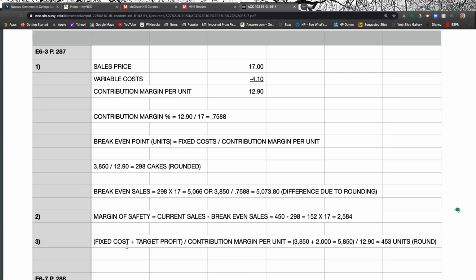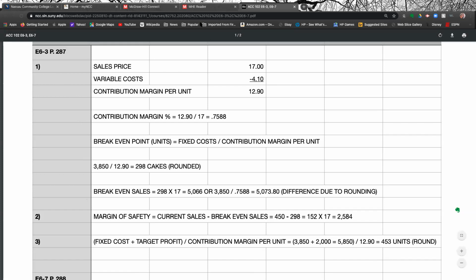And if I divide that by the contribution margin of $12.90 per cake, I would have to sell 453 cakes to earn that profit. And this answer is also rounded. So that takes care of exercise 6-3.